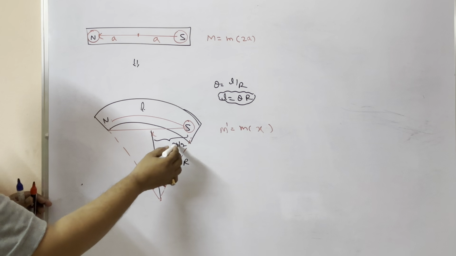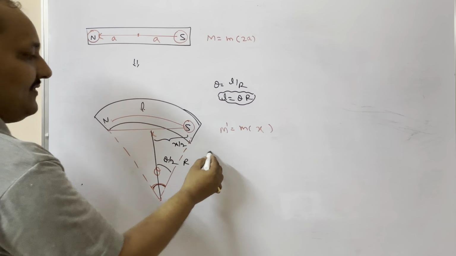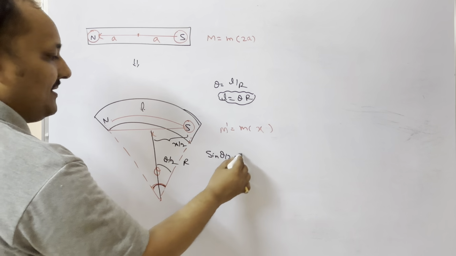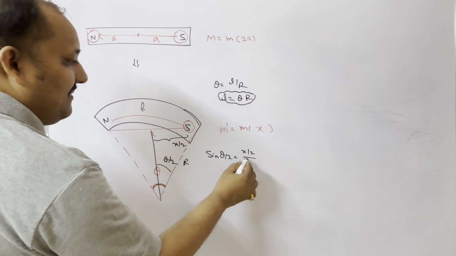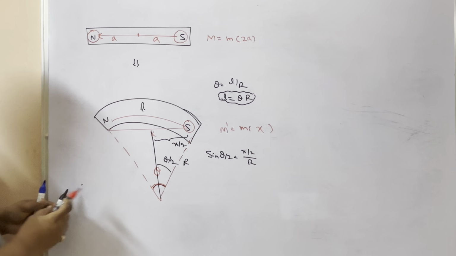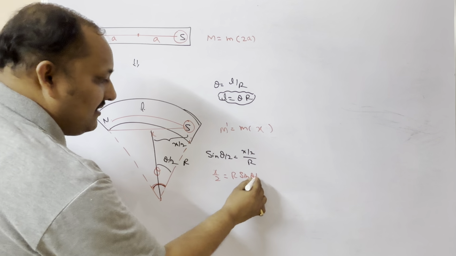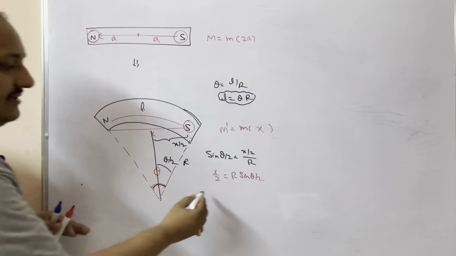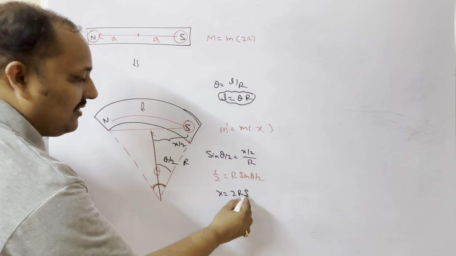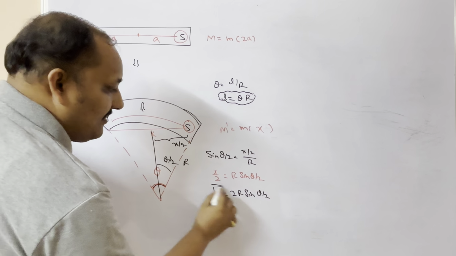For theta by 2, this is which side? Opposite side. Therefore, sin theta by 2 is opposite side by hypotenuse. Therefore, x by 2 is equal to r sin theta by 2. Then x equal to 2r sin theta by 2.